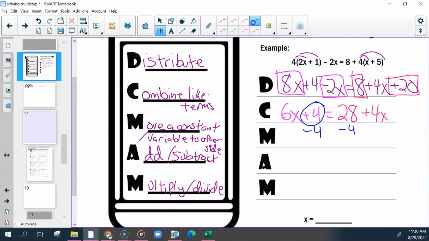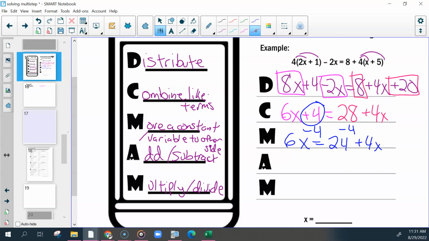Right, so if we did that, we'd end up with 6x equals 24 plus 4x. Can we do anything else? So now we've moved a constant to one side, but we still have variables on both sides.